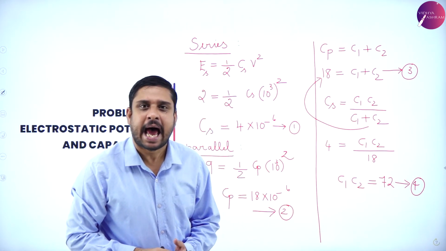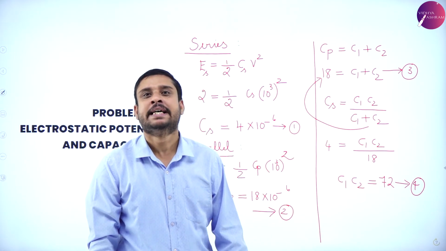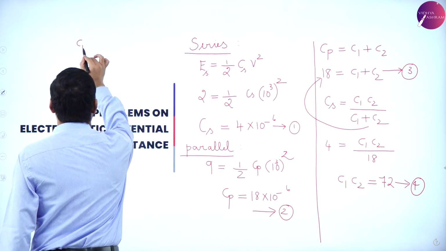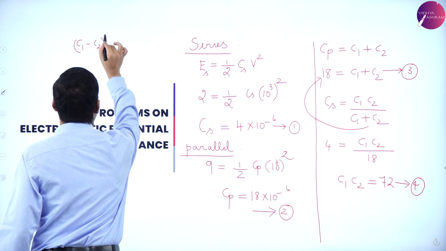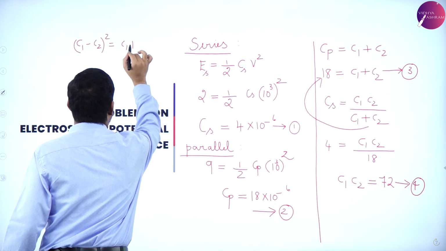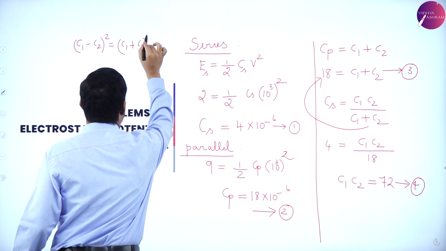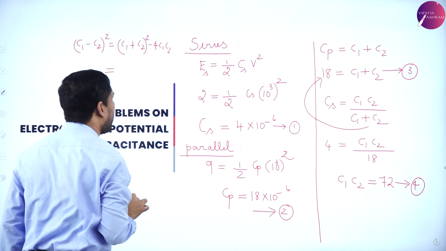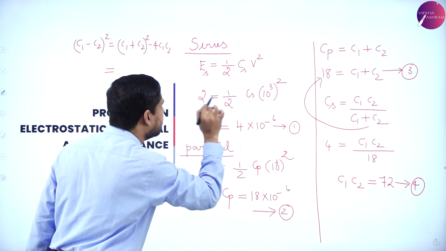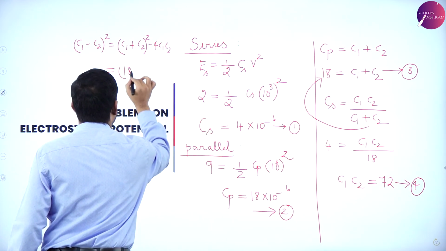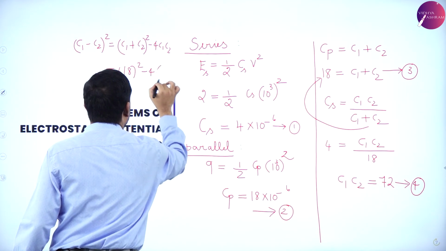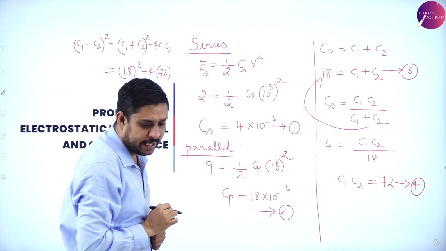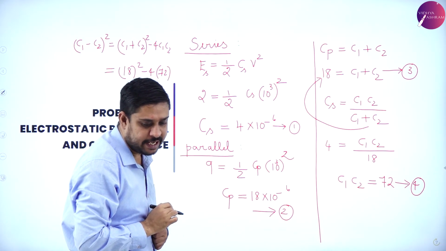Now, as usual, we have the identity: C1 minus C2 whole square is C1 plus C2 whole square minus 4 C1 C2. C1 plus C2 is 18 whole square, minus 4 C1 C2. So what do we get when we simplify?